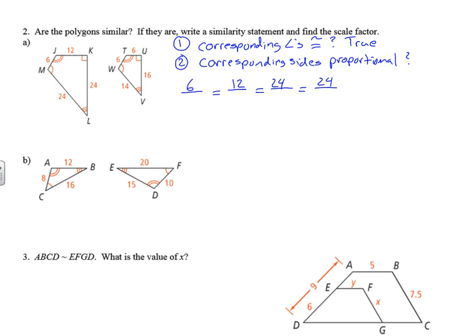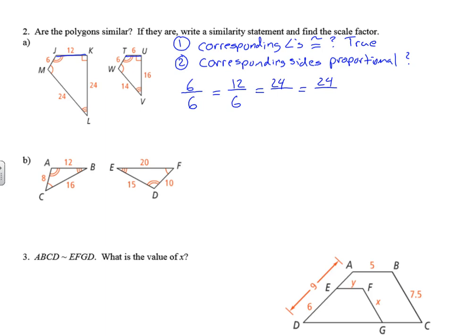So as I look over here at MJKL, do you see how the 6 goes from the 1 to the 2 marking? So over here that would be WT, so that would correspond with 6. Well, JK is 12, but TU is 6.